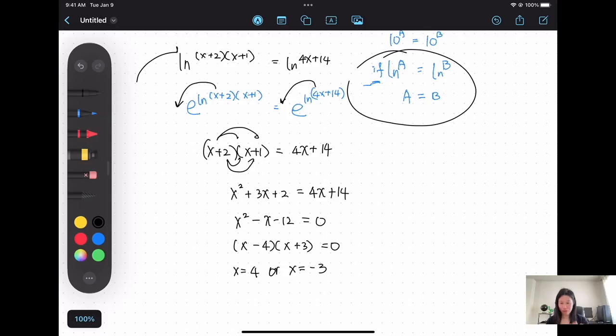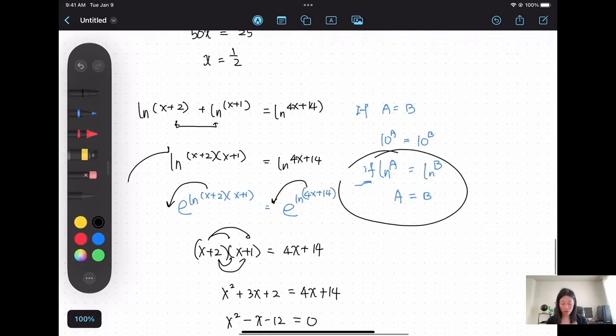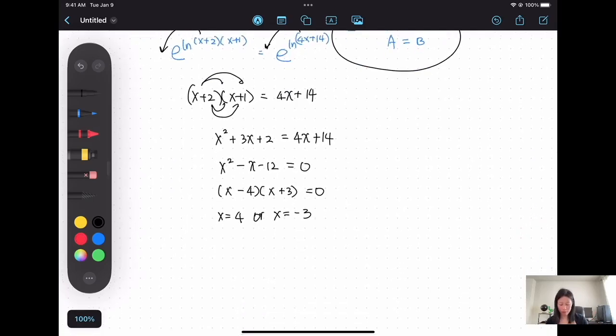Well, if you check it, you substitute that into the original function, either one of these: ln of x plus 2, or ln of x plus 1, or ln of 4x plus 14. Let's use the simplest one, check it in ln of x plus 1 and see what happens. If I substitute x with negative 3, I will get ln of negative 2.